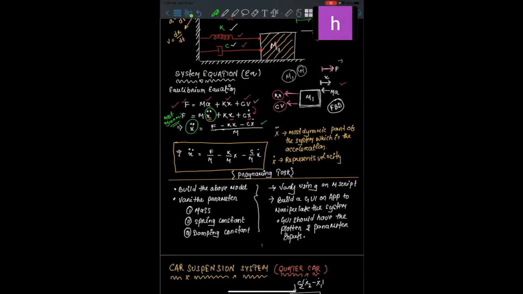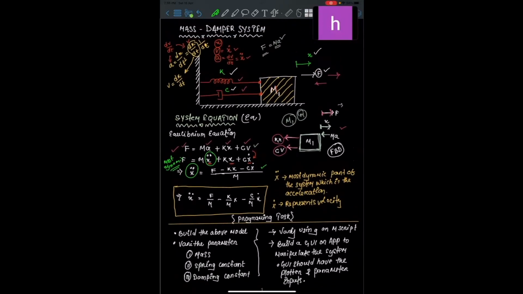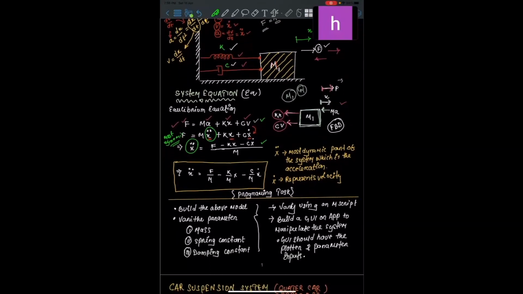For every system that you design, you need to write the system equation first, like this one. Then from the system equation, you need to find how you can represent everything in the form of one variable. This is all in the form of x, right?